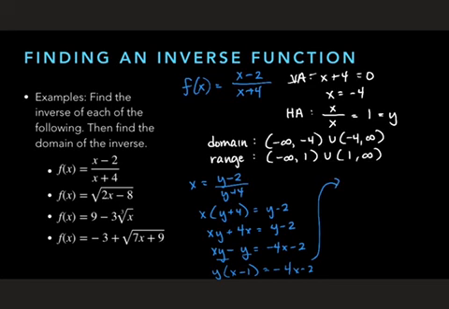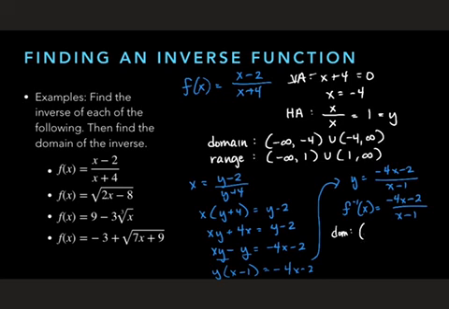I'm out of space down here, so I'm going to move up to the top. I'm going to divide both sides by x minus 1. So negative 4x minus 2 over x minus 1. So my inverse is negative 4x minus 2 over x minus 1. Now, to find the asymptotes for this function, to find our domain, I could do all of that process I did before all over again, or I can just rely on the fact that the range of the original function is the domain of the inverse.